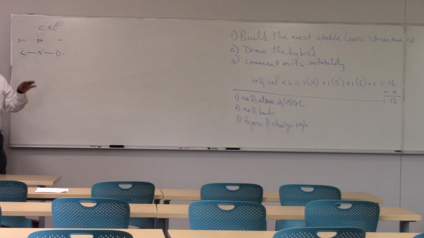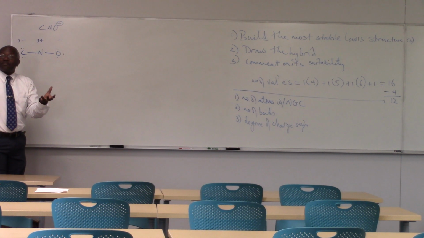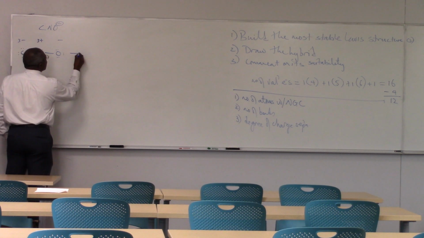It is much less adept at supporting a negative charge. O is pretty electronegative. O doesn't terribly mind having electron density, but the carbon doesn't like it. So if I had a preference, I would want to rid the carbon of electron density. So I'm going to dump electrons from the carbon to the CN bond.